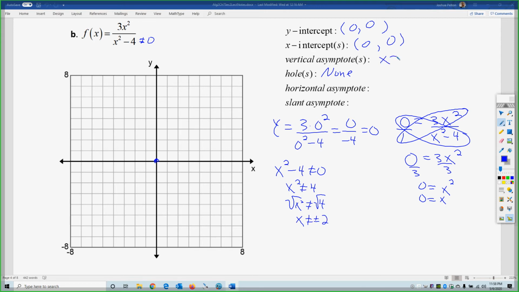So x equal to 2 and x equal to negative 2 are the vertical asymptotes. Again, nothing canceled on the top and bottom, so there's no holes. So 2 and negative 2.